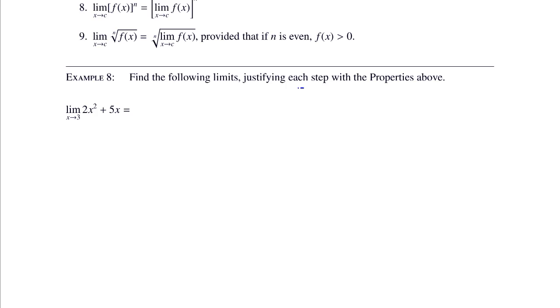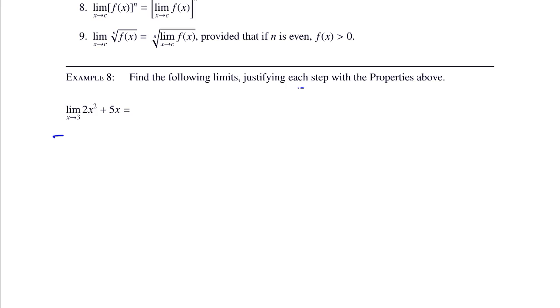So what we want to do here is use each of these. The first thing that I notice is I can see two different functions that make up the function I'm taking the limit of. I see 2x squared plus 5x. And property number 4 said that if I have the sum of two functions, then I can split those up and take the limit of those individually.